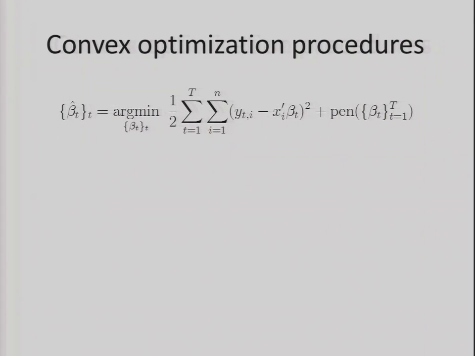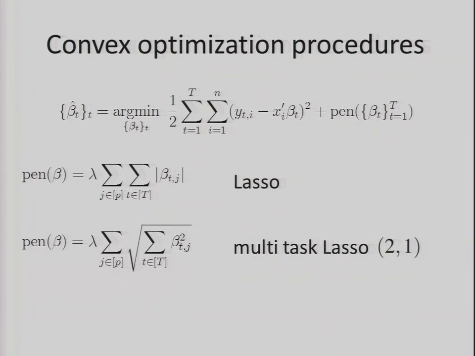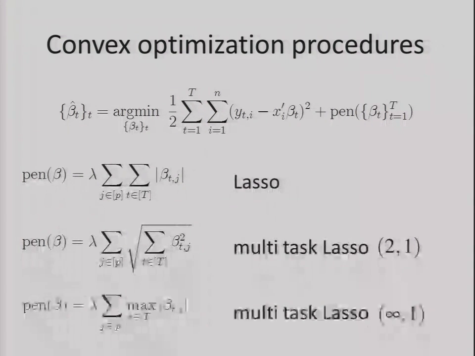And so currently what researchers do in this problem is they solve a convex optimization problem like this. They minimize squared loss plus some penalty. And this penalty encourages sparsity. So this penalty guides the estimator, or biases the estimator, toward solutions that have only a few non-zero rows. And so in particular, 3 penalties are popular. First one is a Lasso penalty.